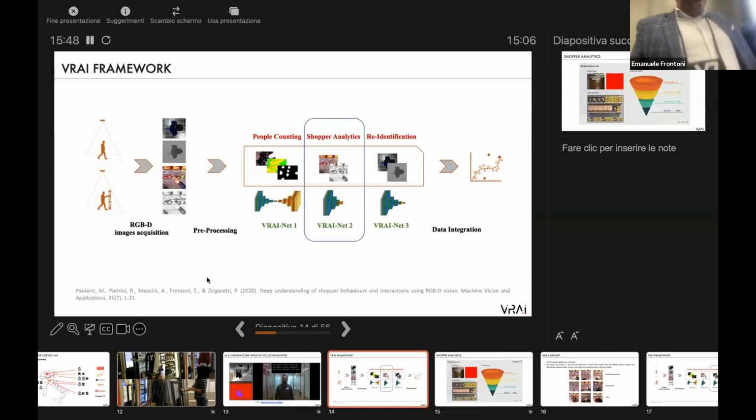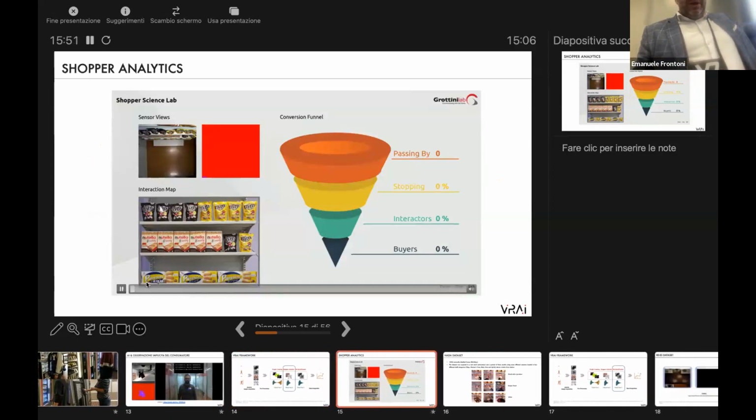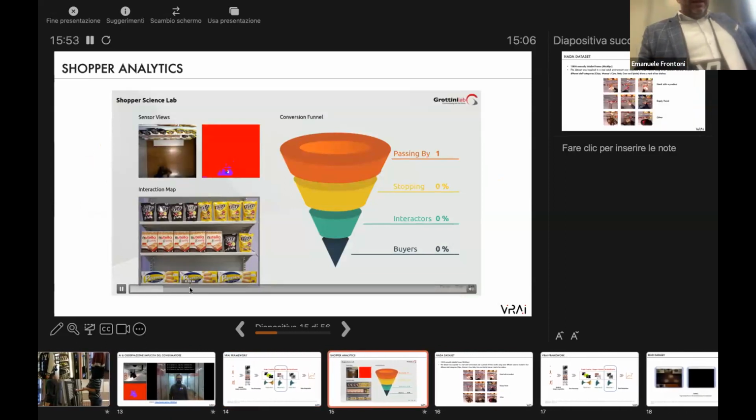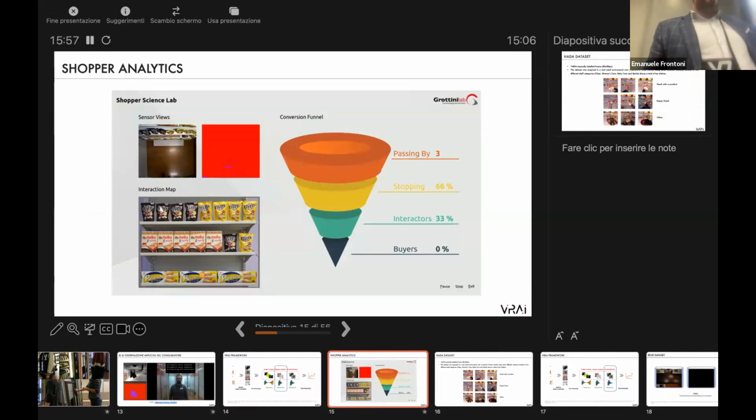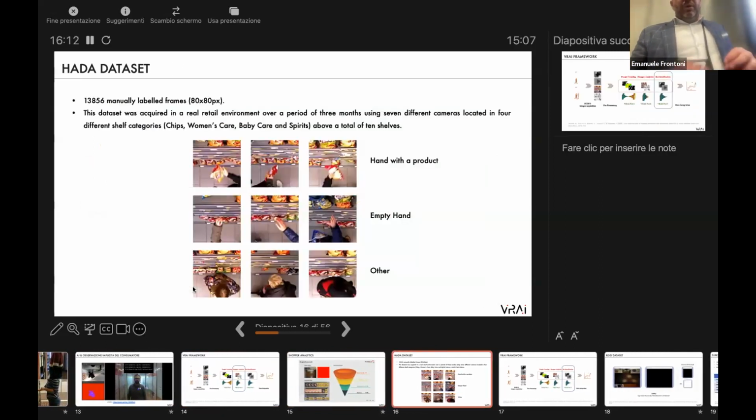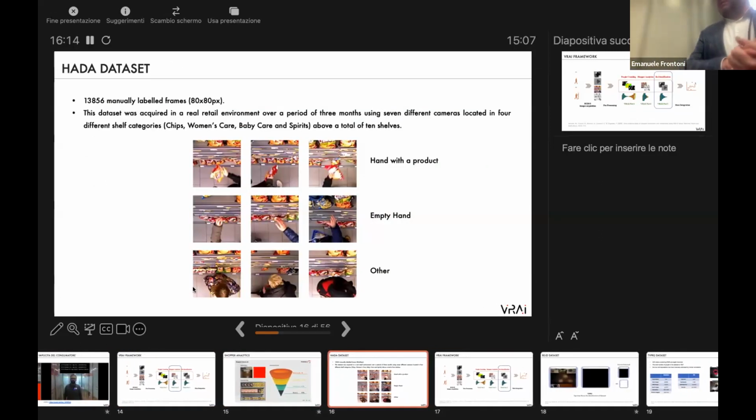The shopper analytics one is the one we discussed. We are able to understand the amount and the type of interaction. The most precious data here are the negative interactions: I take something from the shelf I'm looking at, and then I put it back. And this has a lot of connection with what Antonino was saying about a different point of view in this area. We also have a lot of public data sets in this field.